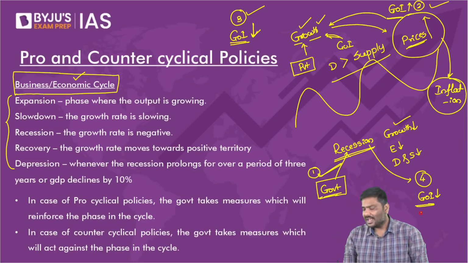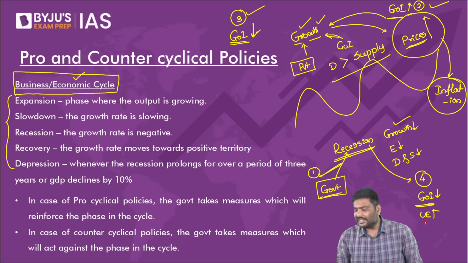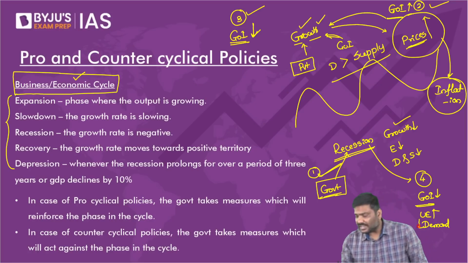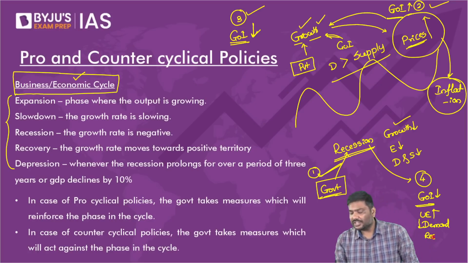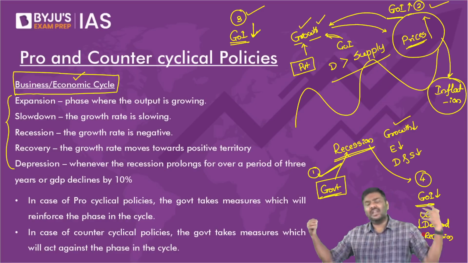Can I say the unemployment rate will start increasing? Does it make sense to you? What will happen to demand? Can I say demand will fall further? What if there is a recession already? Don't you think the recession will become much larger? That is, the negative GDP growth rate will become much bigger.